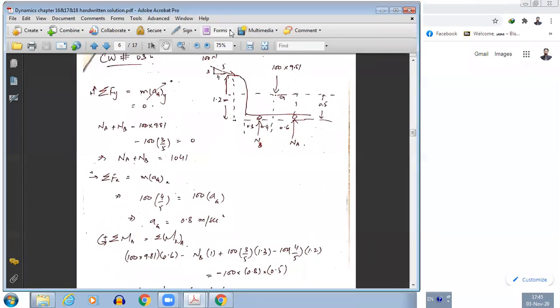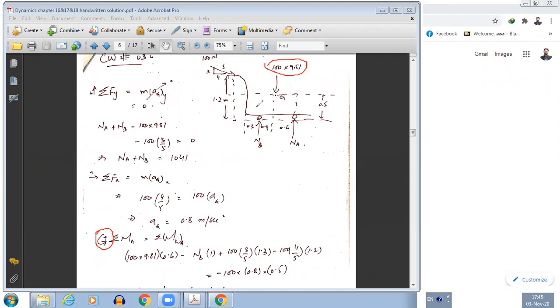Okay, good. So we have G here, which has weight acting at G. So this is going to have a moment about point A. So it will be 100 into 9.81. Let's say we consider counterclockwise positive. So it will be positive, 100 into 9.81 into 0.6.